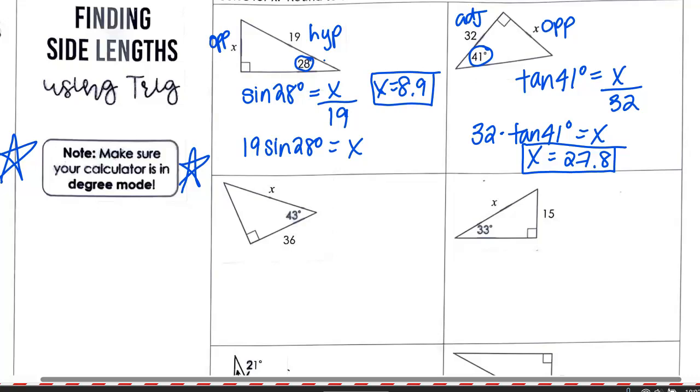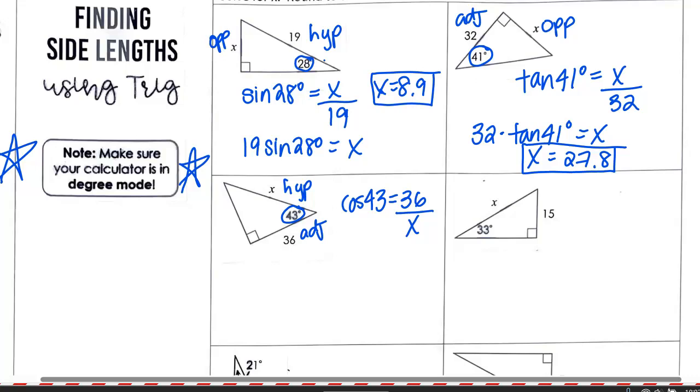All right, let's look at the next one. We have 43 degrees right here. That means that this is adjacent and this is a hypotenuse. That means we're going to use cosine. It's adjacent and hypotenuse. So cosine of 43 degrees is equal to our adjacent side over our hypotenuse, which is x. So we're going to solve for x.